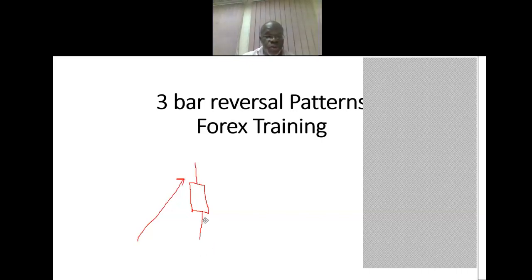Okay, so usually that is the opening, opens there. Okay, then it comes down. This is the lowest it reaches. Okay, lowest price it reaches, and then it plays around here, hits the highest price.